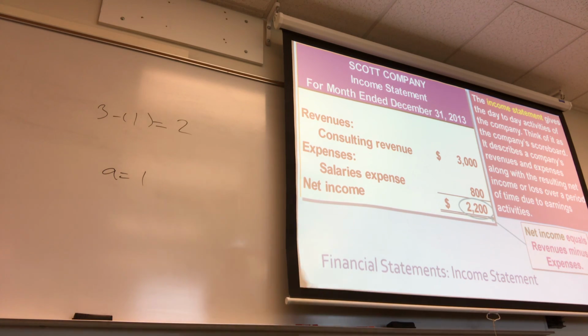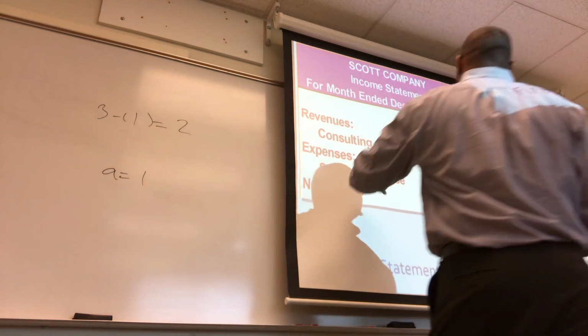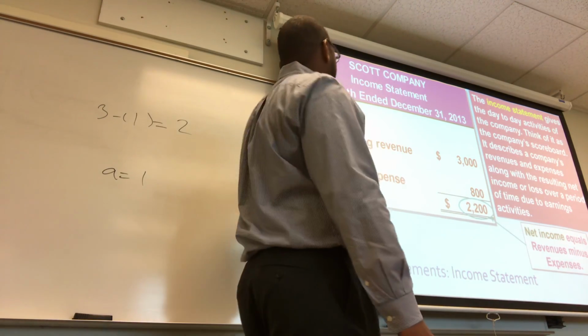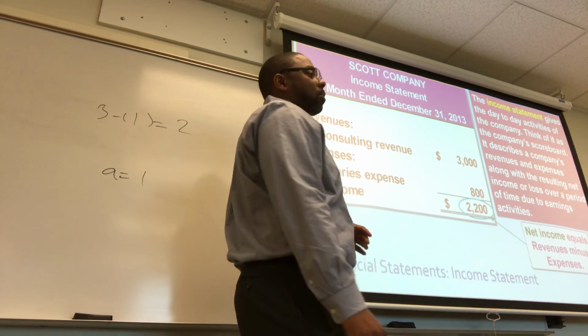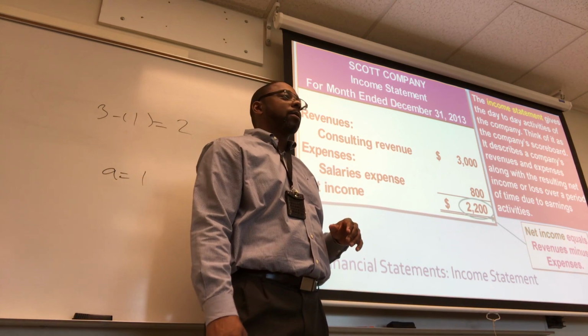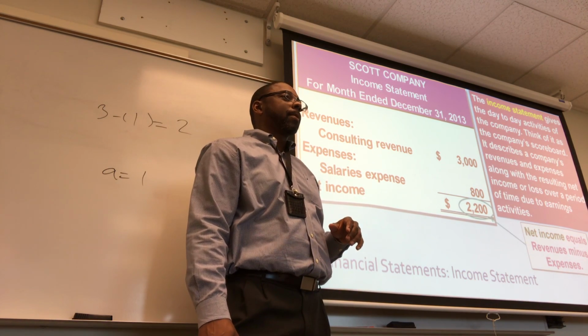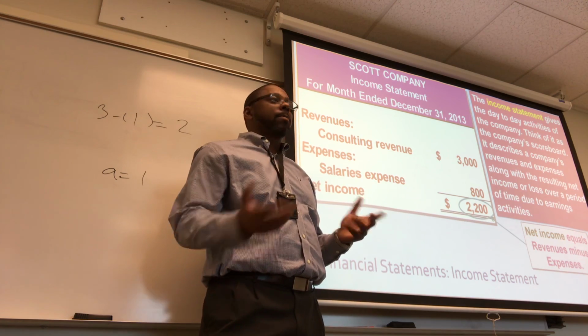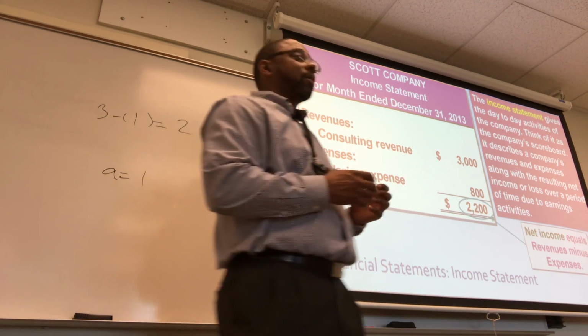I know up to this point we've been saying revenue minus expenses equals profit. For accounting purposes, revenue minus expenses equals net income. So I'll start using net income quite a bit. Everyone with me? But it is a synonym.